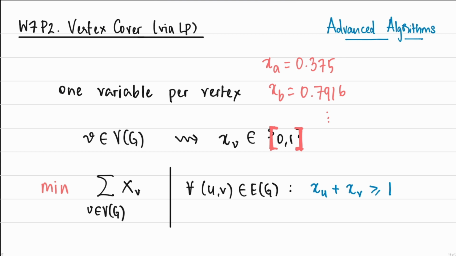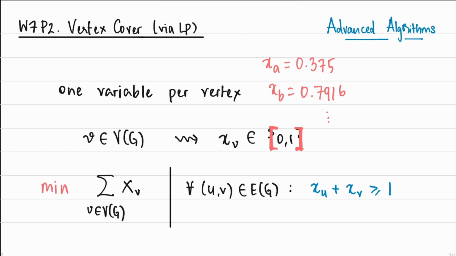Sure, they optimize the LP, but what do they tell us about whether the vertex A should be included or not included in our vertex cover? That's not clear because these values are now fractional. Previously, they were binary, so we had a clean signal. If it's 0, don't pick it up. If it's 1, go ahead and include it. But what do we do with these fractional values? Well, one thing that we can do is fairly natural, actually, if you think about it.